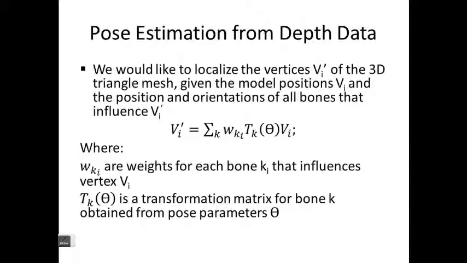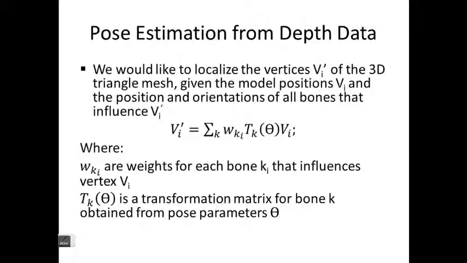Pose estimation is done from depth data, which is fairly low resolution, and the goal is to find the vertices vi prime of the 3D triangle mesh on the actual body, given the positions vi for a given pose and orientation of the bones that influence vi prime. Effectively, what this is saying is that every triangle mesh on the surface of the body is influenced by some set of bones k, by their orientation and their canonical position vi in the model.